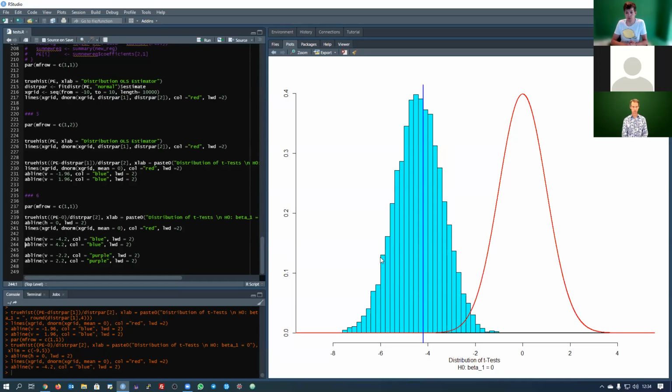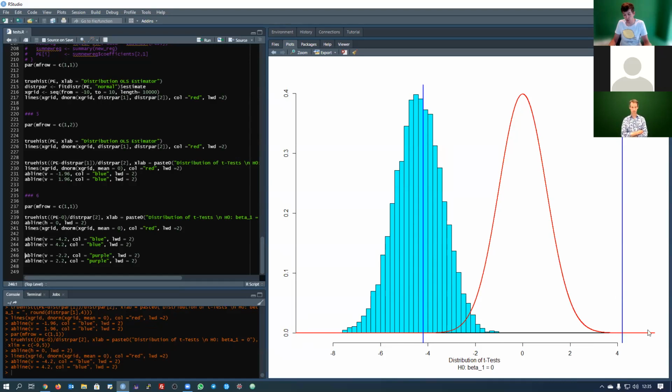Then the p-value is the probability, if the null hypothesis is true, so if we have this distribution, of being out in the outer tails of this distribution, namely being left of minus 4.2 or being right of plus 4.2. So in the very outer tails of this distribution, and the probability of being there is very, very low.